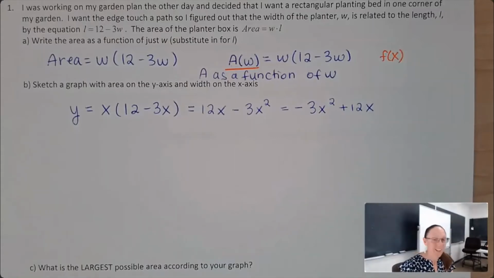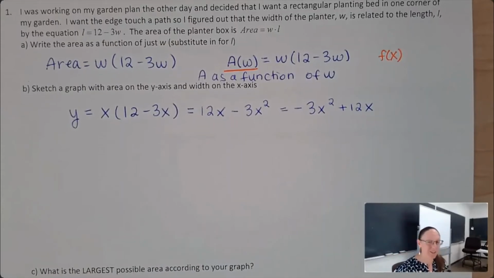So we have three options for finding the vertex. If I'm going to sketch it personally, especially if I know that really what I'm aiming for is figuring out the largest possible area, if I'm looking ahead in the problem and I know that's where I'm going, I know I'm going to need the vertex.